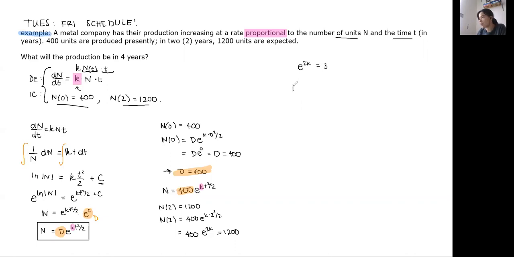So I'm going to have that ln of e to the 2k is equal to ln of 3, which means that 2k is equal to ln of 3, like this. And that tells me that k is equal to ln of 3 over 2.